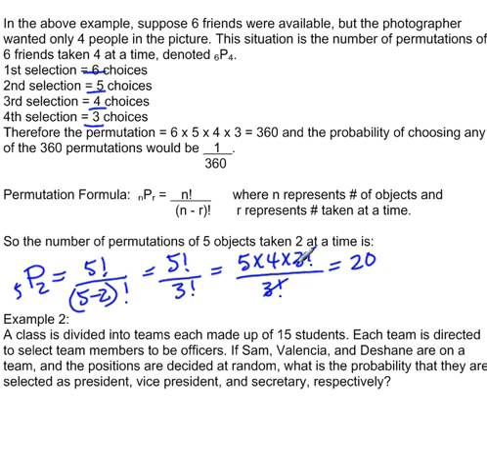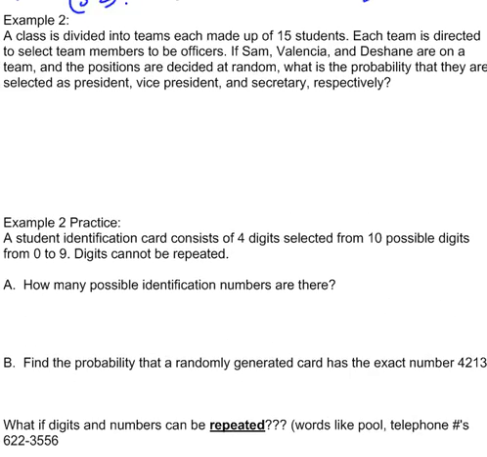But if you think about it, if you have 5 and you're only going to take 2 at a time, the first time you have a choice of 5, and the second time you have a choice of 4, which is, to me, an easier way to get your 20. Okay? Now, on example 2, we want to look at this one.